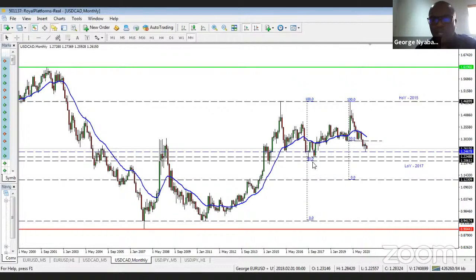Hang on a second. If we break beneath here successfully and we have a pullback and test and all of that stuff, where could the market go? Well, the market could possibly go to the measured move. The measured move becomes a target that the market is pursuing. And that measured move, surprise, surprise, is a key low on this chart.